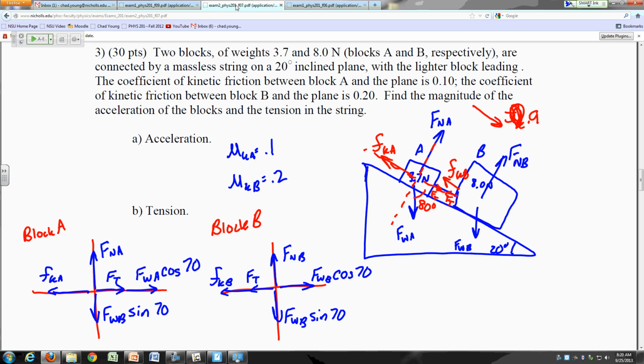I'm going to write them, and I'll put in the numbers that we know already. I'll start with A. I'm going to write them up here because I can't go down anymore the way I have it set up. So for block A, I'll have FNA minus FWB, which is 8 newtons. Wait, is that right? Did I do this correctly?